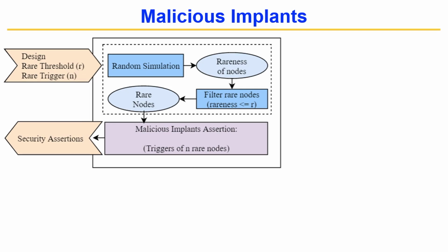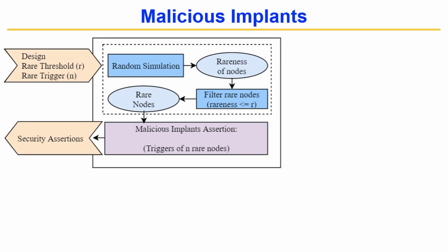Now, for malicious implants, we have a day dedicated to it, but if you recall, the threat model for the malicious implant is that the attacker is going to hide it in a place that is difficult to detect. For example, instead of putting it on the top of the table, maybe they put it on the bottom where the visibility is less, and people are less likely to bend and look.